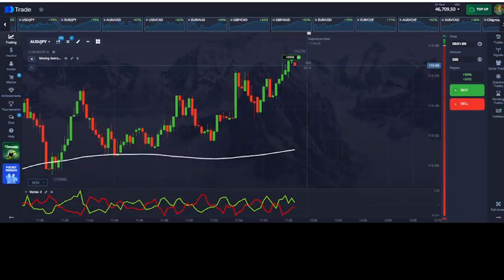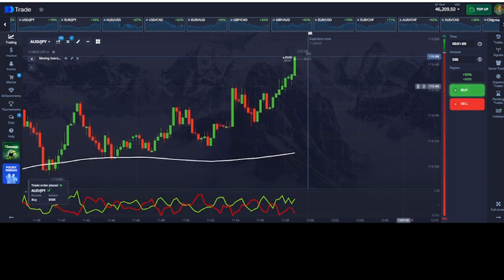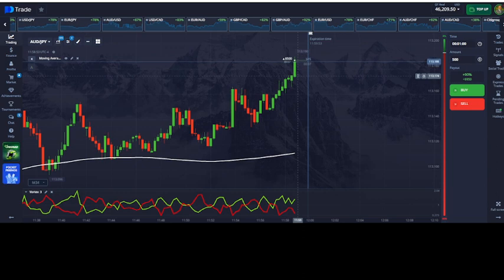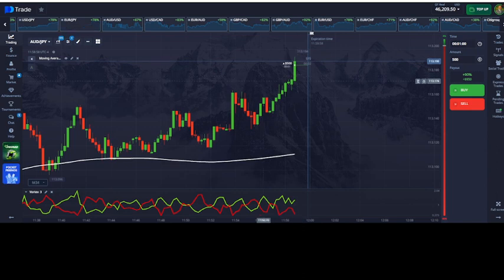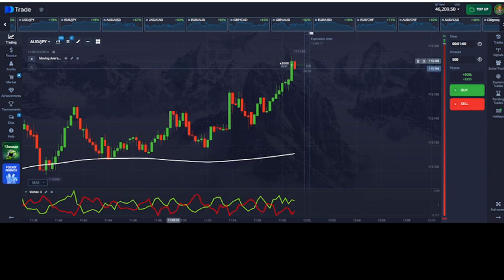We're going to go ahead and take another buy trade here on the Aussie dollar JPY. Didn't necessarily like the entry there because it jumped right when I took the buy trade on the candle. But in any event, let's monitor this trade.